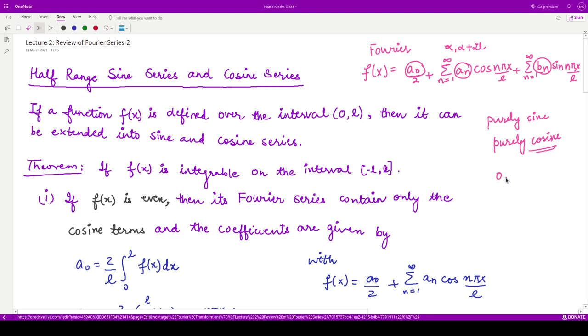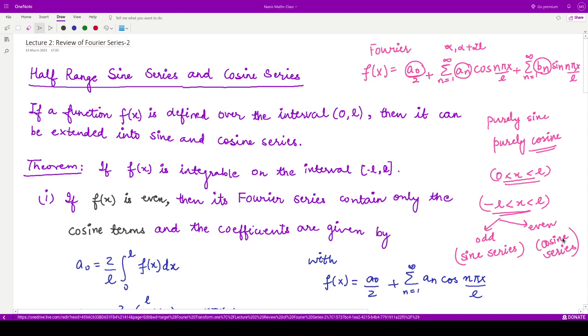Suppose the function is given in this interval 0 to L. What we do is expand this interval, say from minus L to L, such that the function becomes odd or it becomes even. If the function becomes odd, we have the sine series, and if the function is even, we have the corresponding cosine series. So let us see how it appears and why this is so.